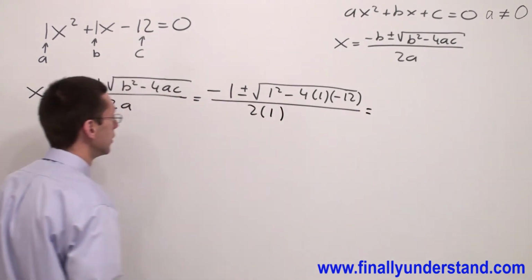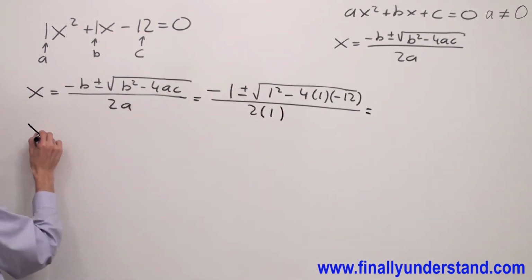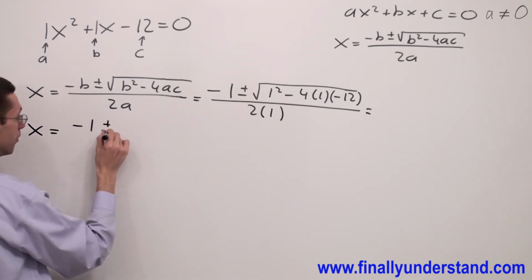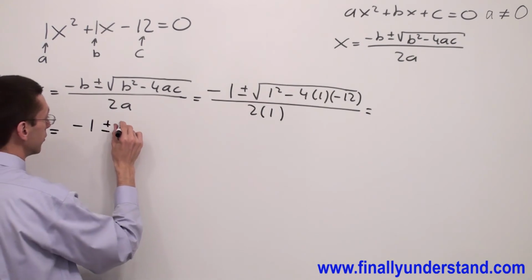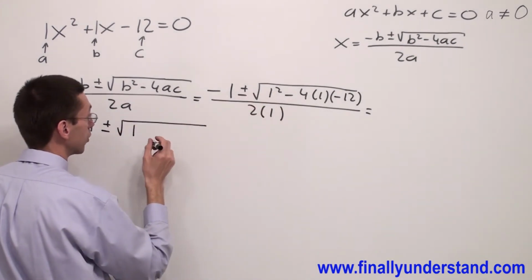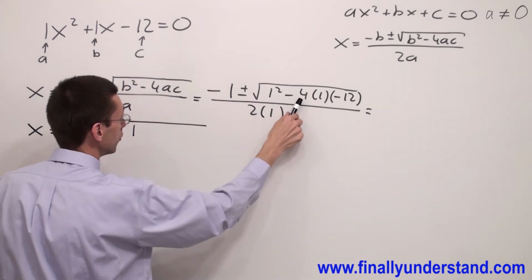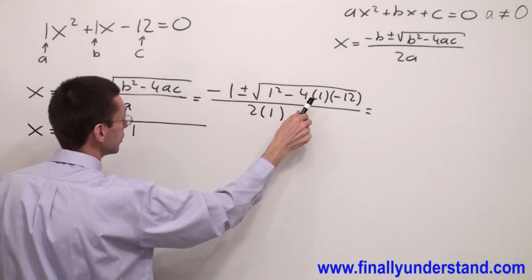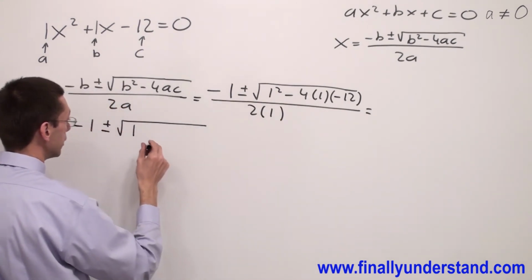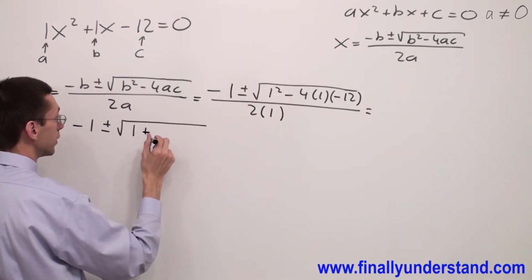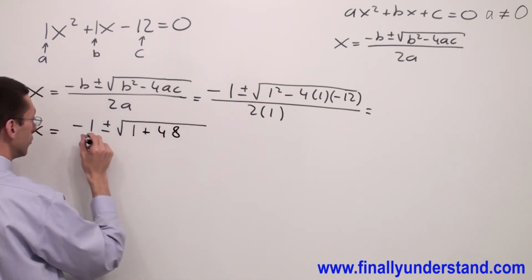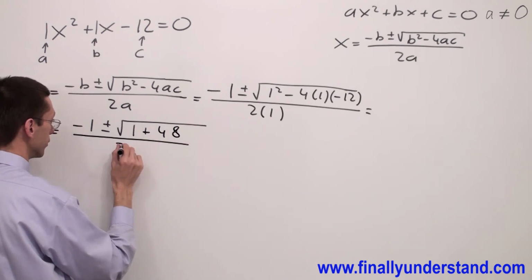Equals, x is equal to negative 1 plus or minus the square root of 1, because 1 to the second power is equal to 1, and negative 4 times negative 12 is equal to positive 48, over 2.